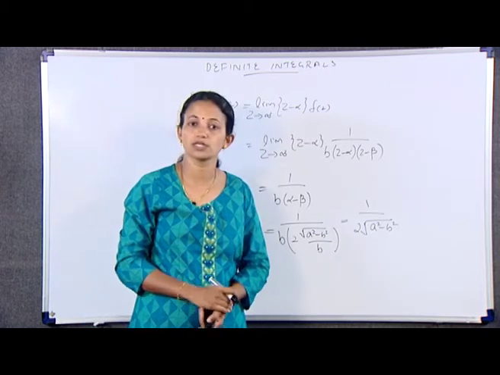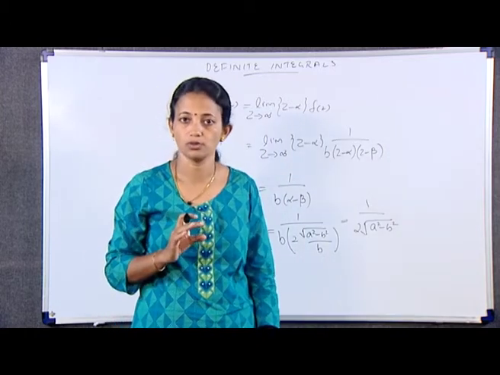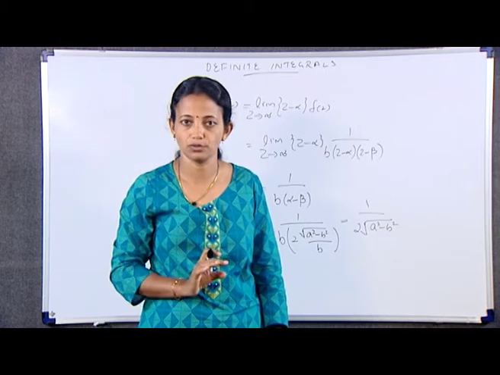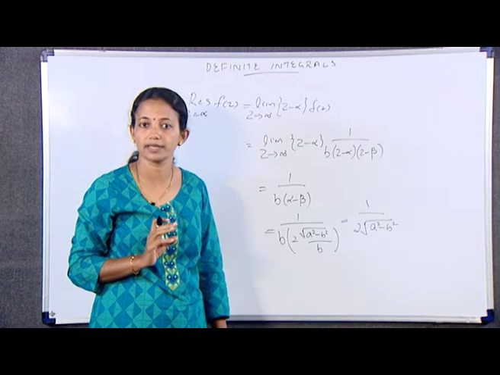By Cauchy's residue theorem, we obtain integral over c of f(z) dz is equal to 2 pi i into 1 by 2 square root of a square minus b square.